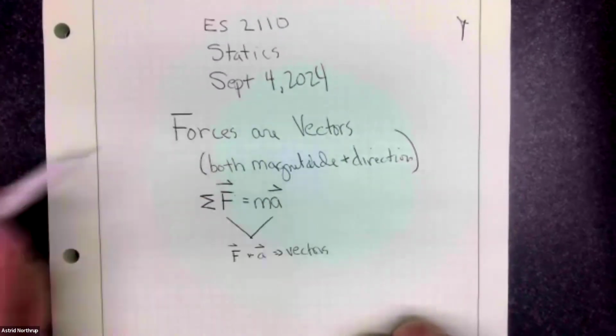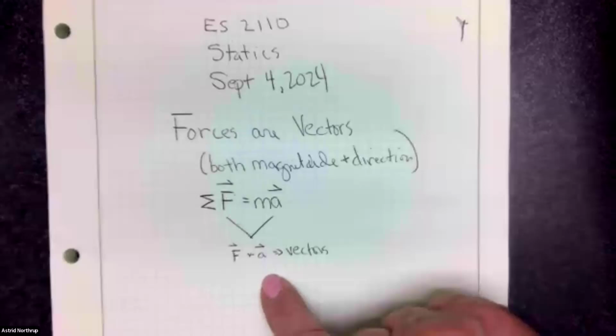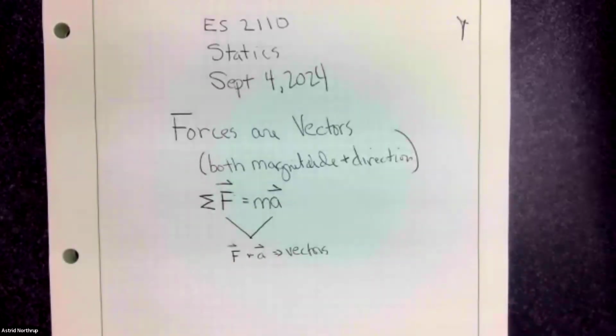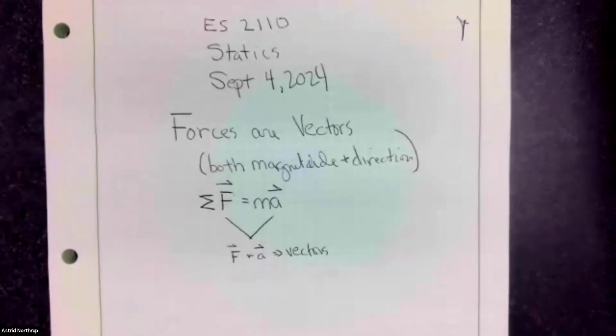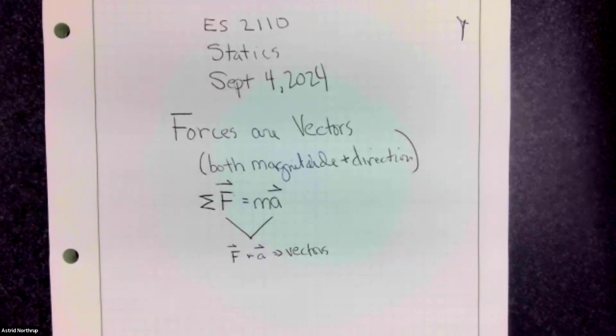The implication of that is, if you have an object, and I'm not going to drop it, I promise, it's kind of fun, but I won't do it. If I drop it, the force will be directed downward, because gravity, which is the acceleration, is directed downward.